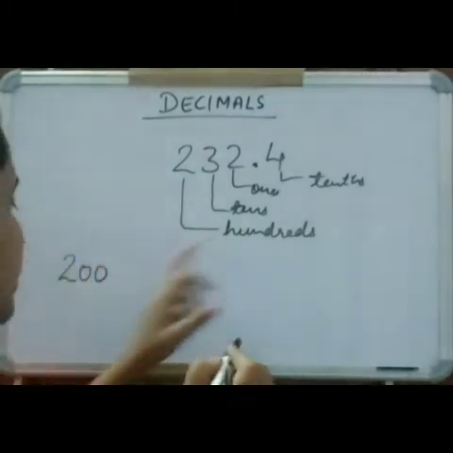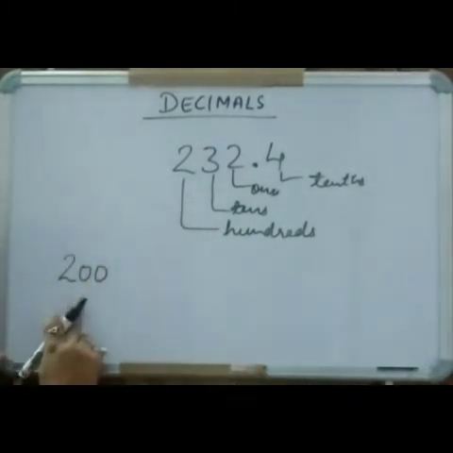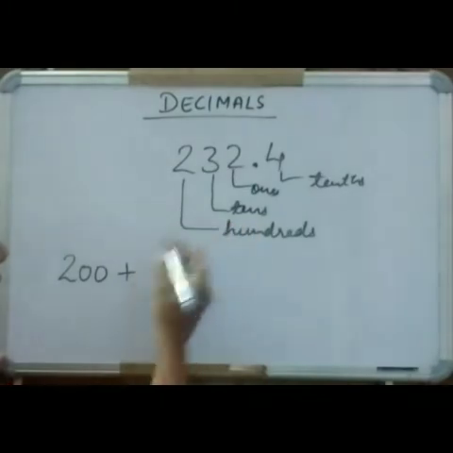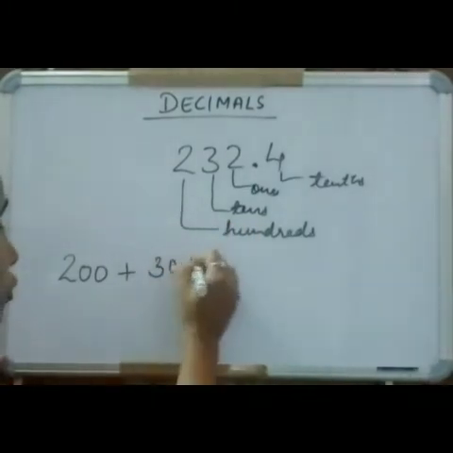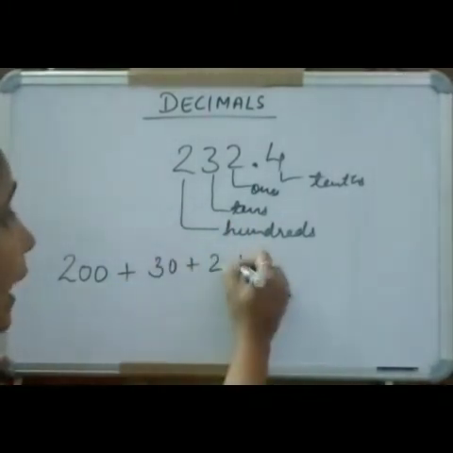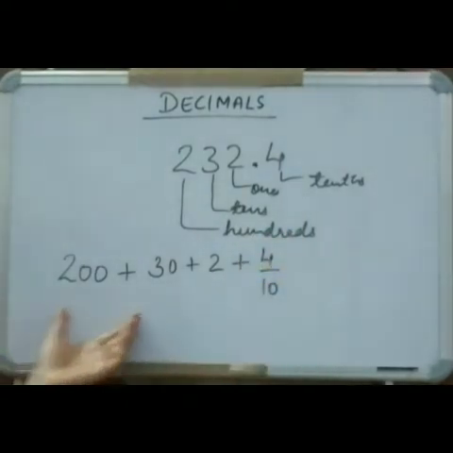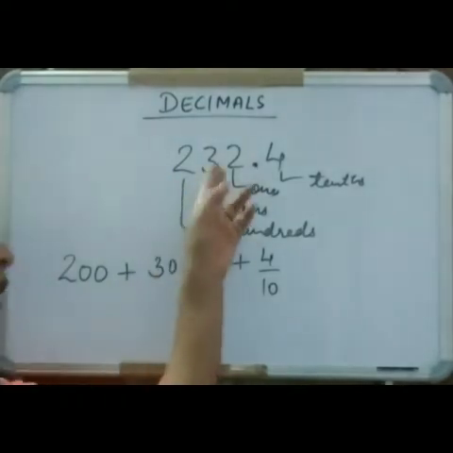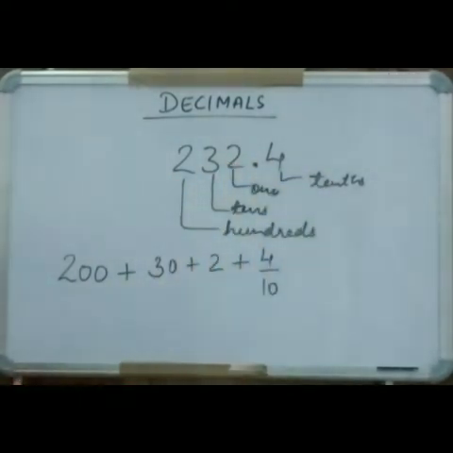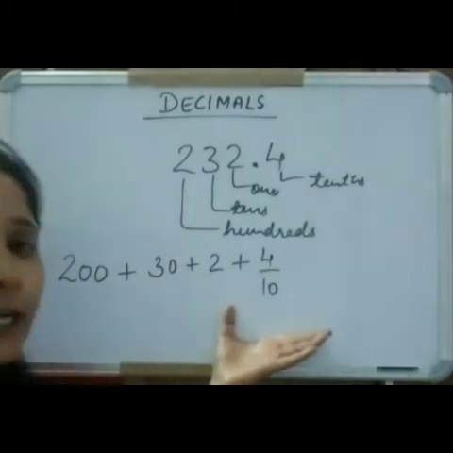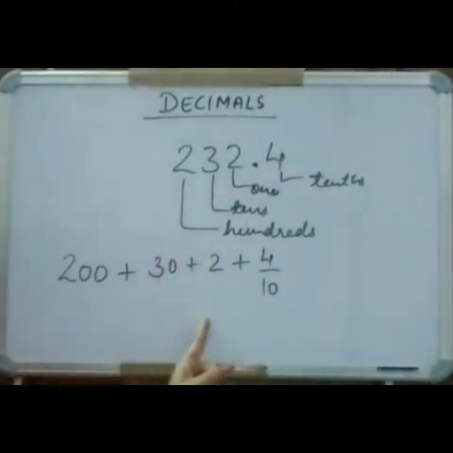This is at the hundreds place, so we write 200. 3 is at the tens place, so it is 30. 2 at the ones place is 2. And this 4 we will write as 4 upon 10. So this is the expanded form of this number, 232.4.